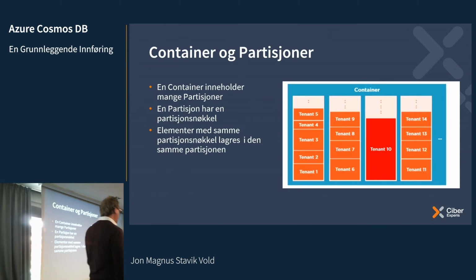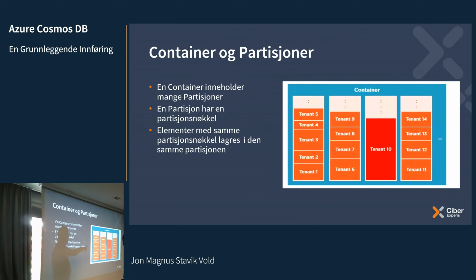Yeah, containers and partitions. One container contains many partitions, and one partition has one partition key, and elements with the same partition key are stored in the same partition. So here you see a container, and the columns are different partitions.